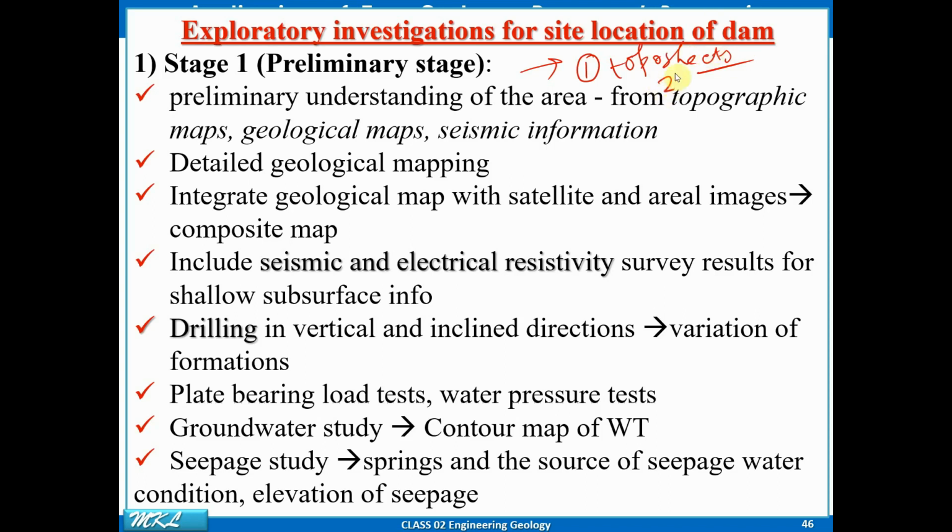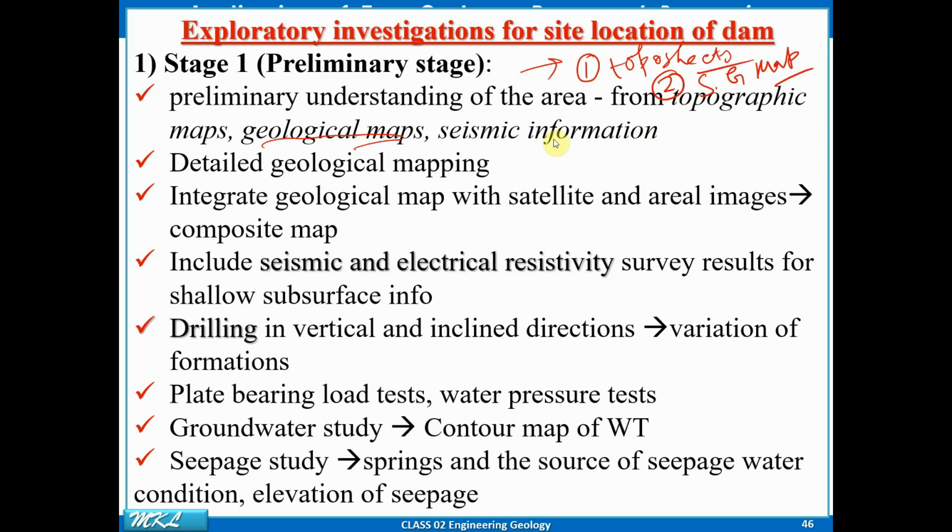Later you will be looking at structural geological maps, if available. If any structural geological map from GSI, in the case of India, is available, then those maps can help you, or any other geological maps published in any paper or book, or any geophysical studies done in that area to delineate the subsurface layers.